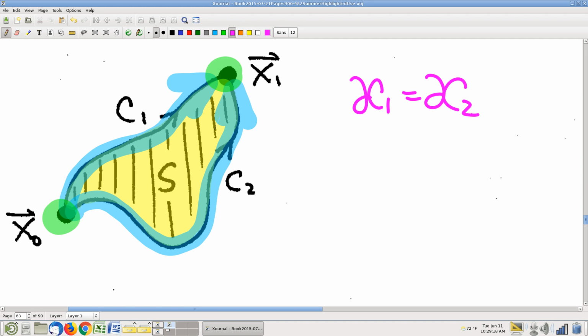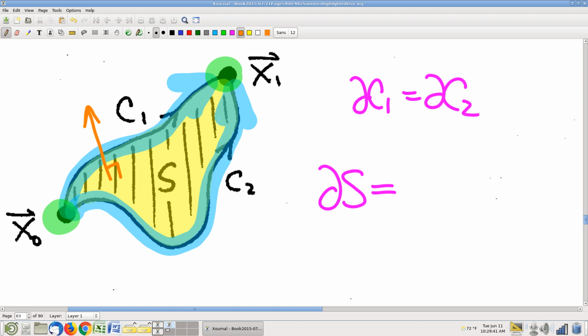Next observation I want to make. Let's talk about the boundary of S. By the way, S I'm intending to be oriented onward. So what is the boundary of S? Ignoring orientations momentarily, the boundary of S is these curves, C1 and C2.